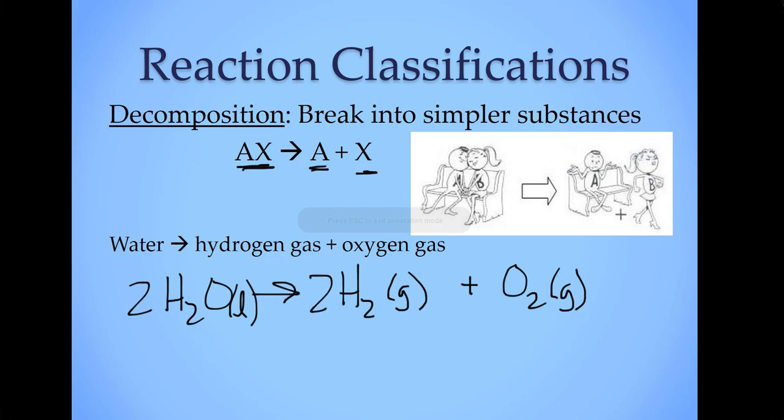So this is decomposition. Here I have 2 water molecules, and I end up with 2 hydrogen gas molecules and 1 oxygen. But the pattern is still the same: one thing right here, and then it's split up into simpler substances.